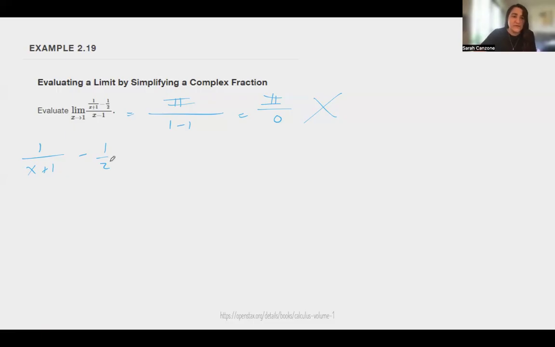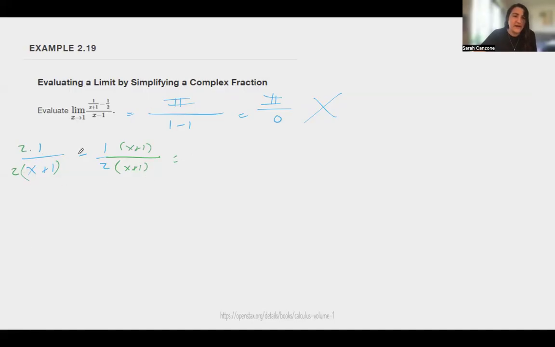Well, since x plus 1 and 2 have nothing in common, in order to make the denominators the same, we need to multiply them by each other. So the 2 I need to multiply by x plus 1, but since I multiply it down there, I also need to multiply the numerator by that. And same thing over here. I need to multiply this denominator by 2, but I can't just change it. I need to also multiply the numerator by 2.